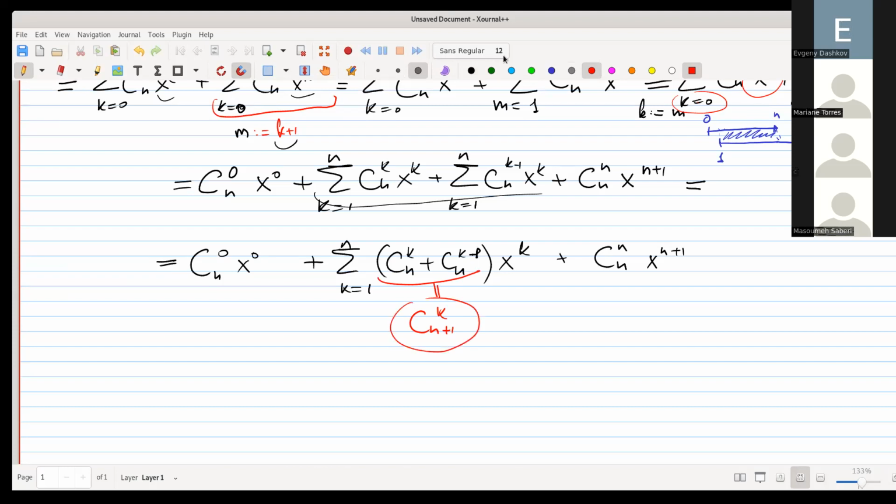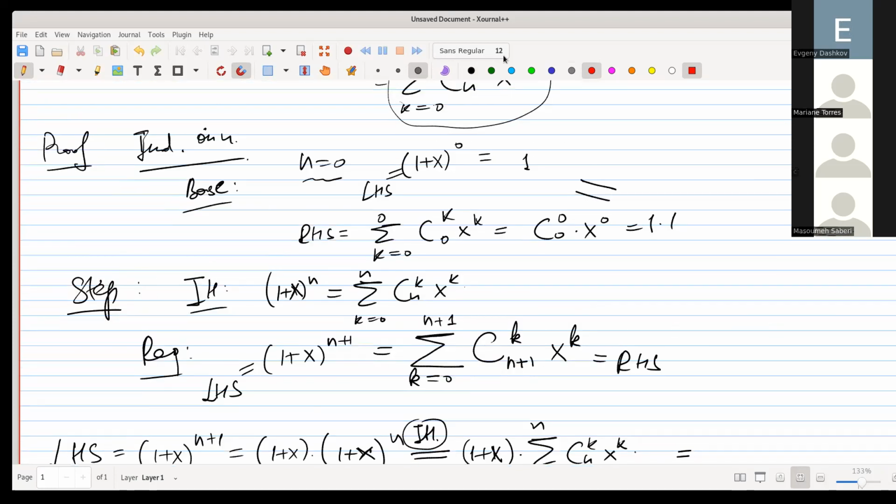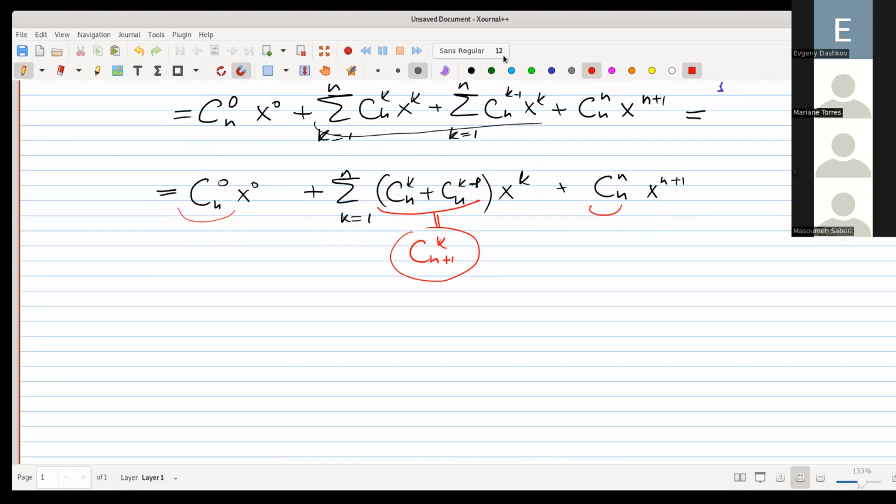But what about these terms? Finally, we are interested in terms of the form n plus 1 choose k. And indeed, in this middle part, we have obtained just this term. But what should we do here? Can we replace it by something of the form n plus 1 choose something?